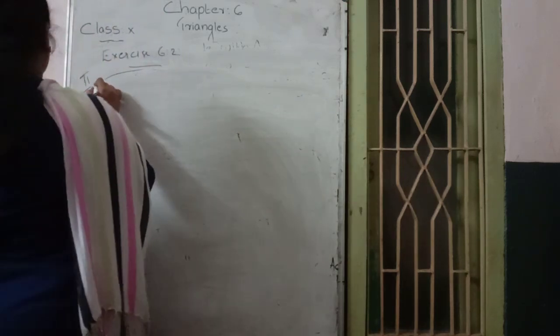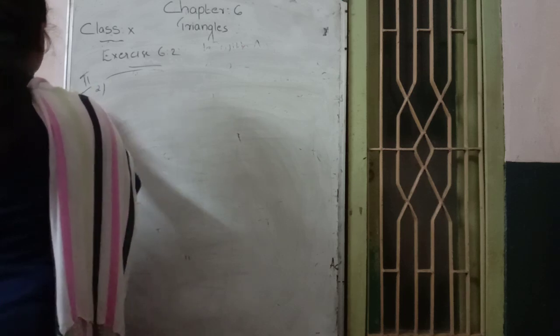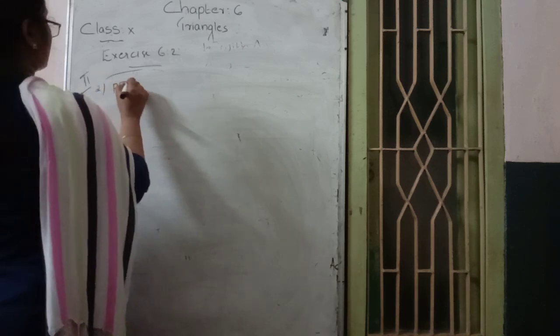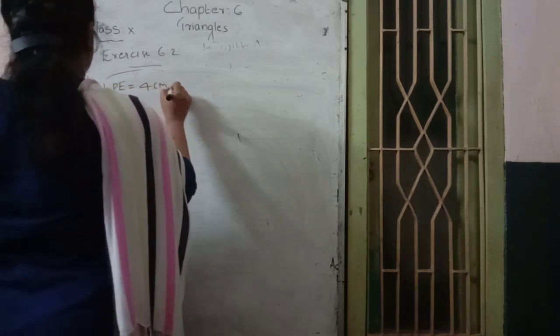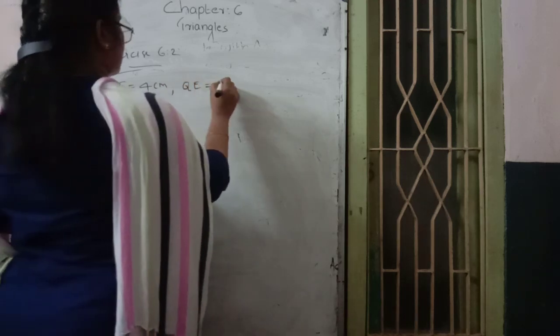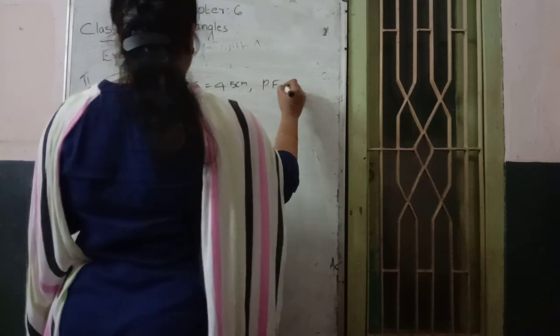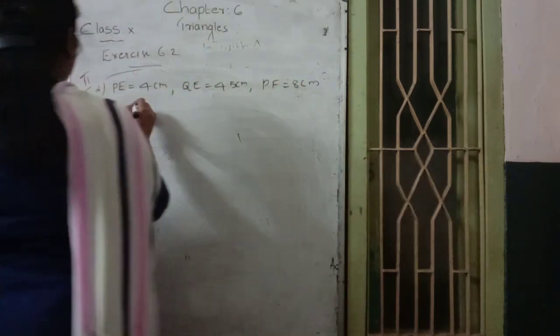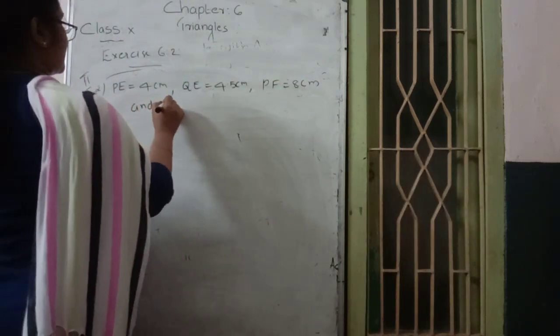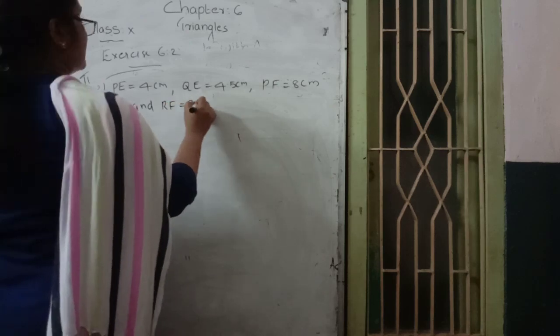Second question. The values they have given: PE is 4 centimeter, QE is 4.5 centimeter, PF is 8 centimeter, and RF is 9 centimeter.